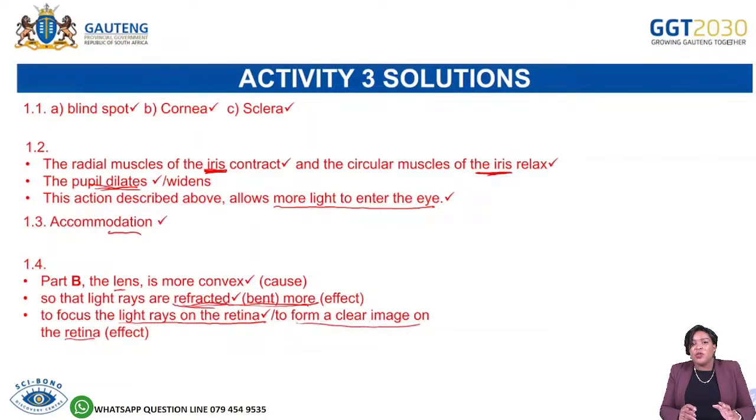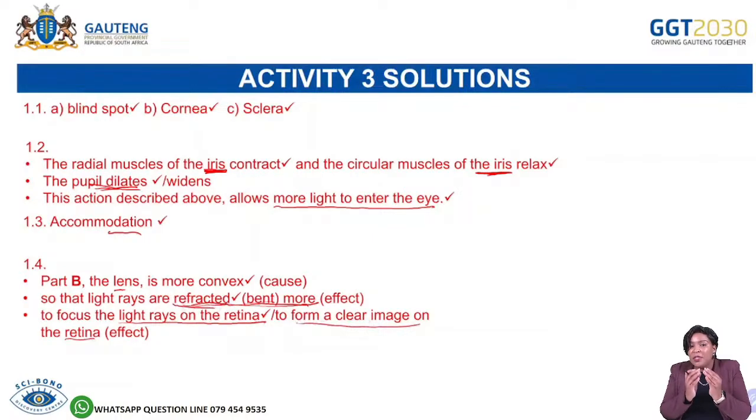If this person was looking at something that is far, this is how you need to remember it. If you are looking at something that is far, your lens is going to stretch. It's going to stretch in such a way that it wants to accommodate that much light so that it reaches the retina as well.